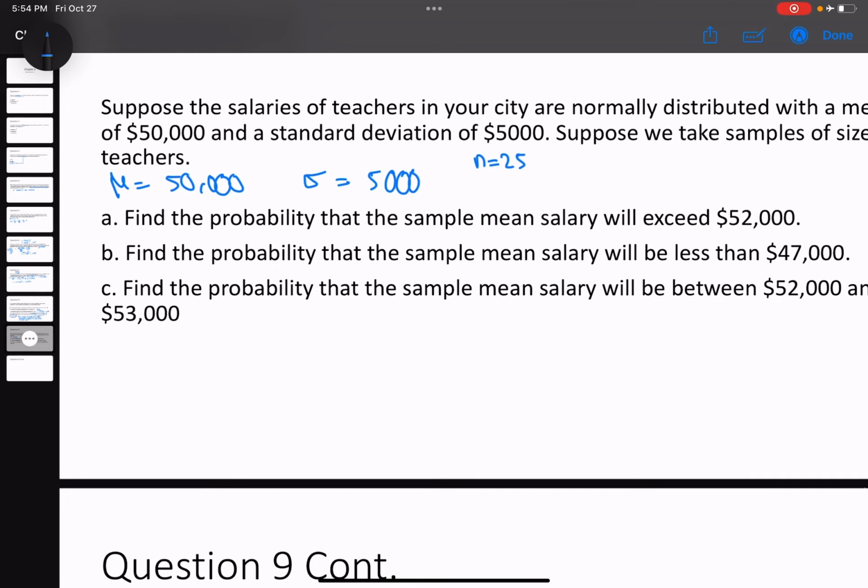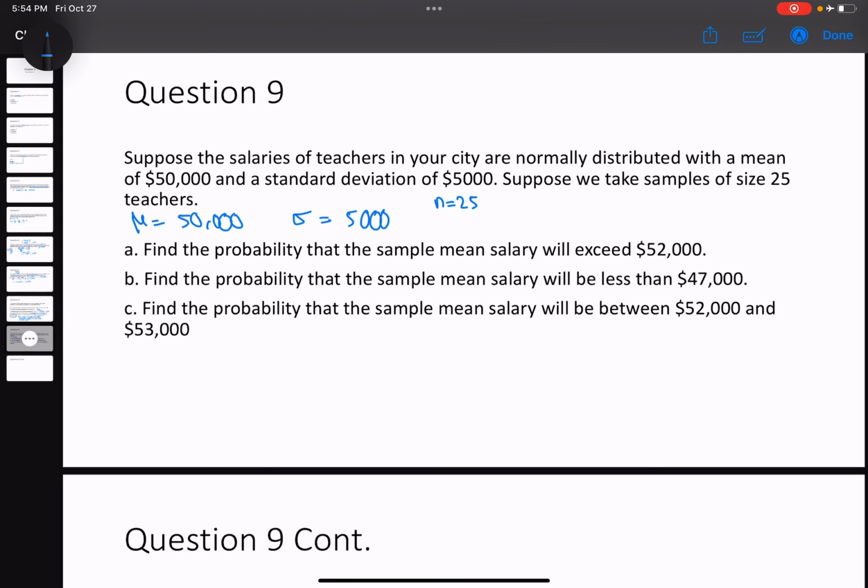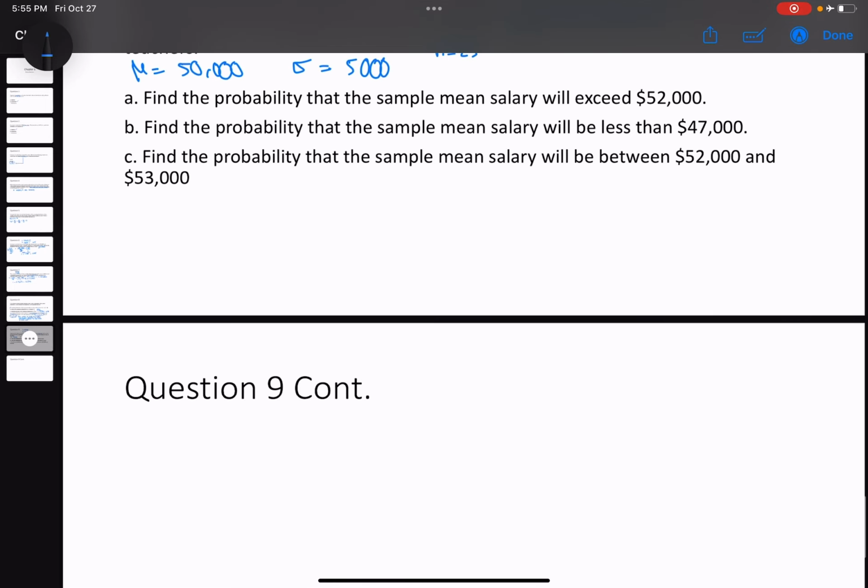Again, here we have to see if the criteria are met: one, if it's normal, or two, the sample size is greater than 30. Here it states that it's normally distributed, so we can simply use z as x bar minus mu divided by sigma divided by square root of n.